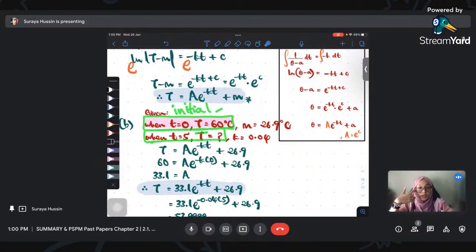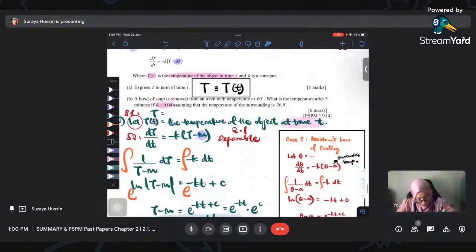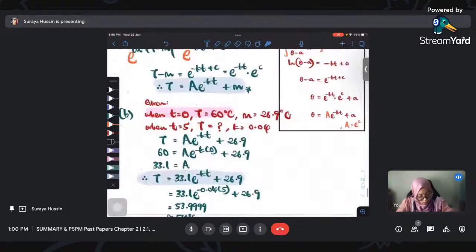So, you will expect that the temperature is decreasing. Okay, now dia juga beri pada kita, constant kita diberi dah tahu. Dia yang dah bagi, jadi tinggal pakai sahaja. It's given to us. Apa lagi yang diberi pada kita? Apa yang diberi adalah assuming that the temperature of the surrounding is 26.9. So keluarkan apa information yang diberi pada kamu. Extract out.